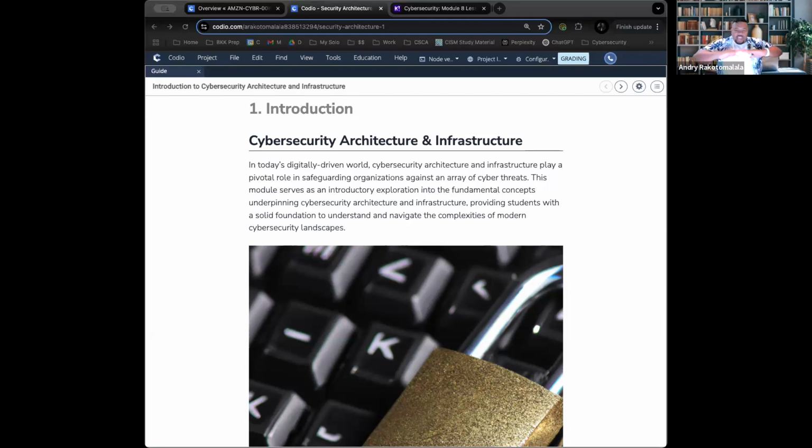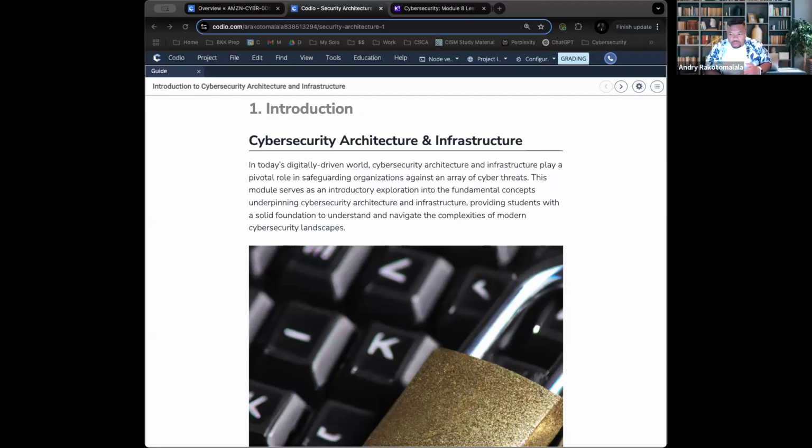A plan is like a blueprint. It's a diagram saying, okay, we're going to build the house here. It's going to be these measurements. It's going to need these specific poles, these specific foundations. That is what architecture is in the sense of cybersecurity. In short, it is just a plan. I'll dig into exactly what that means later on.